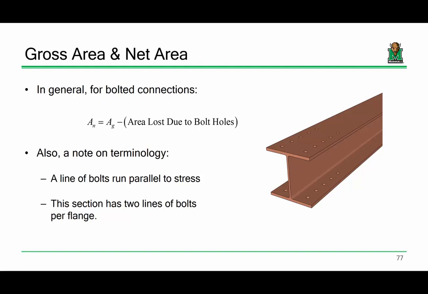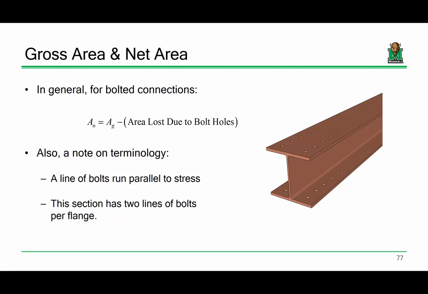Now, I want to make sure everybody's clear on terminology. If you hear me use the term a line of bolts, lines of bolts run parallel to stress, parallel to applied load. So I'm yanking on this member like this. This section would then have two lines of bolts in each flange.